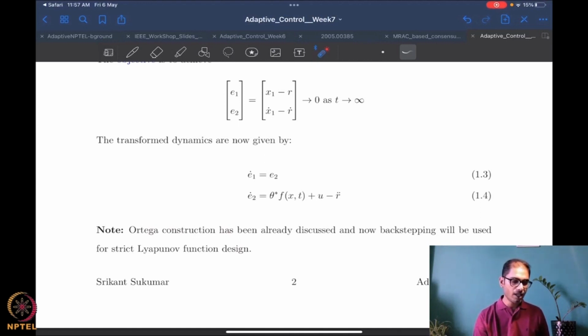All right. So great. So now we have this dynamics, a potentially unknown quantity theta star, and we want to do the standard adaptive control design.